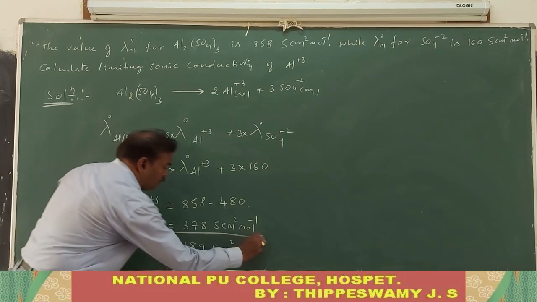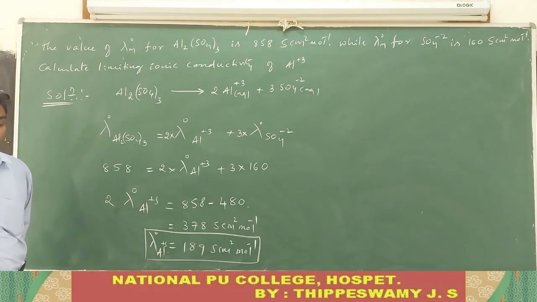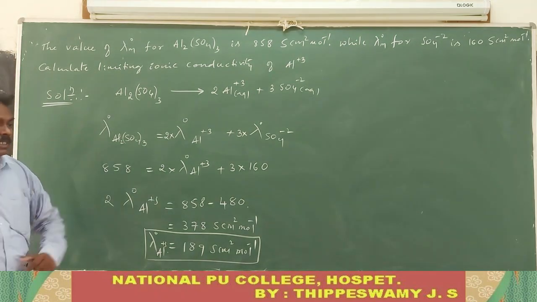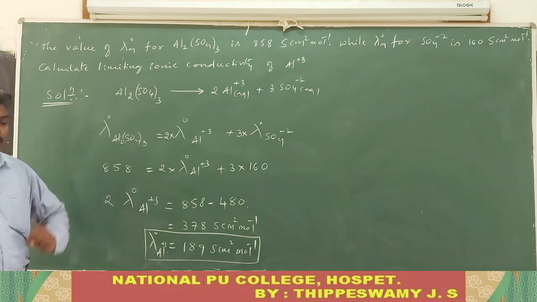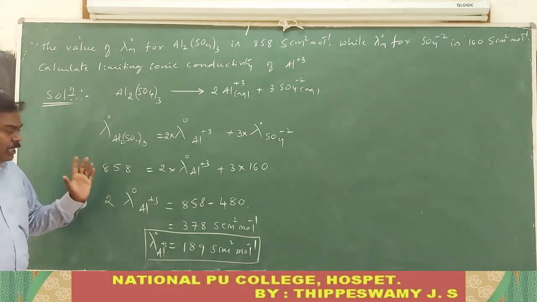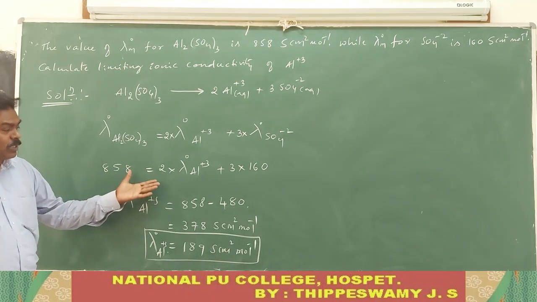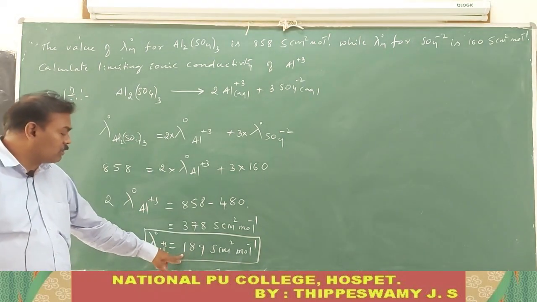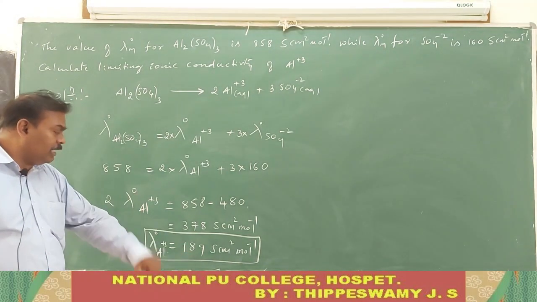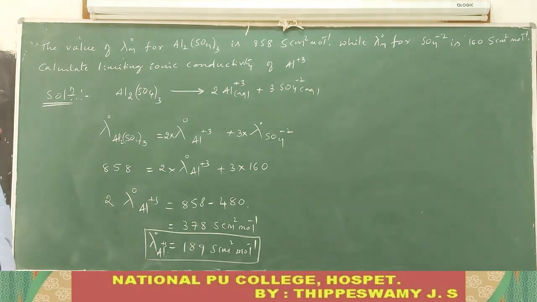Okay, this question is usually asked for 2 marks. Even in competitive exams, this kind of question appears. We should know how to write the expression according to the Kohlrausch law, and based on that, substitute the values and simplify. So now we are getting 189 Siemens centimeter square per mole. Following all of you? Okay, we take the next one.